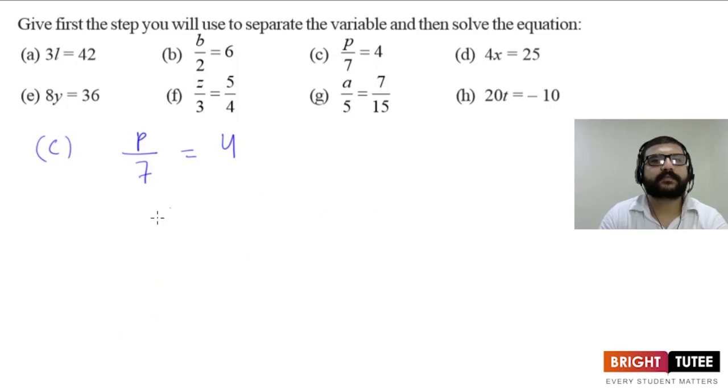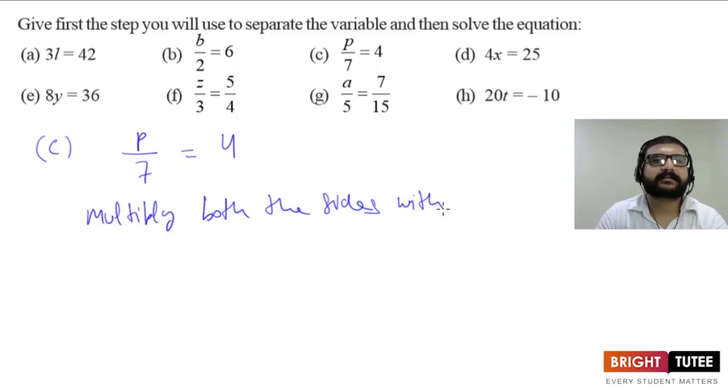Now the next equation, which is equation C, p upon 7 is equal to 4. Now here we have to get rid of this 7 which is written in the denominator. So what we can do for that? We can multiply both the sides with 7. By doing this we can get rid of 7.